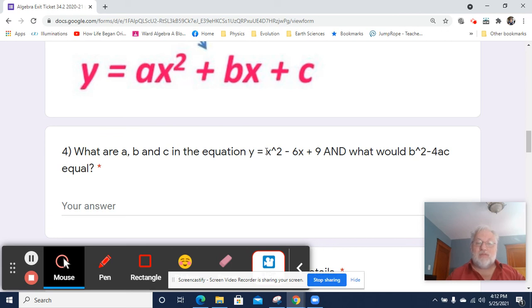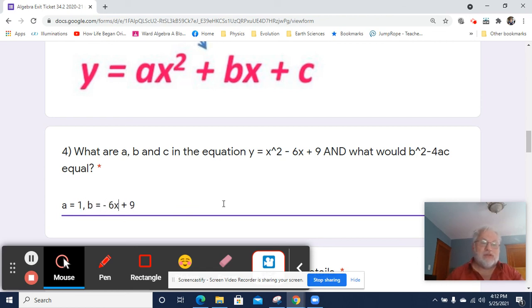I'm just going to copy this here into here. I know that x squared is times 1, so a equals 1, not 1x squared, just 1. And b is going to equal the coefficient of just x, so b is negative 6, not negative 6x, but just negative 6. And c is going to equal 9. And we are done.